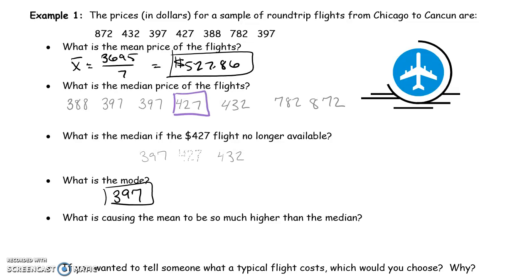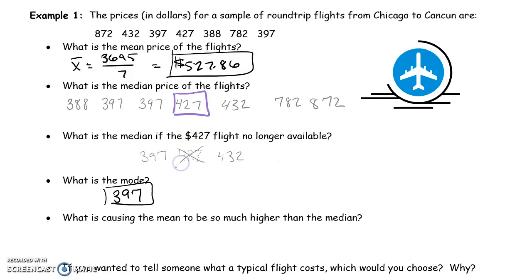So we should have found the mean to be $527.86. Add all the terms, divide by 7. The median is $427 because that is the middle price when we line them up from least to greatest. And the mode is $397. That's the only one that occurs more than one time. This question is asking about what happens when the $427 is no longer available.